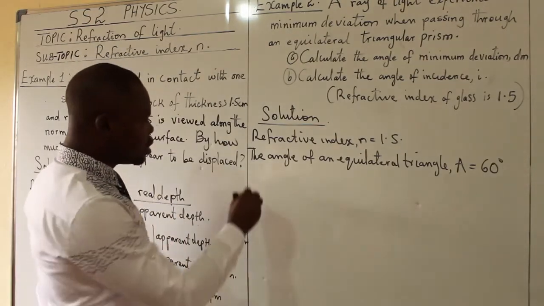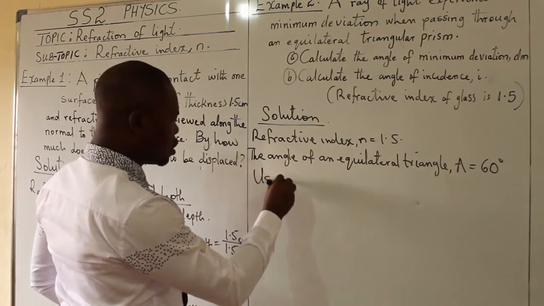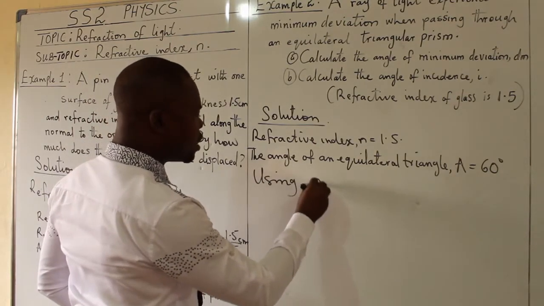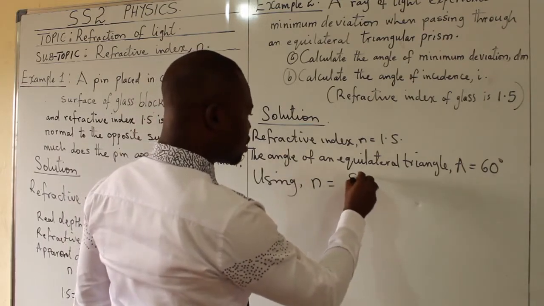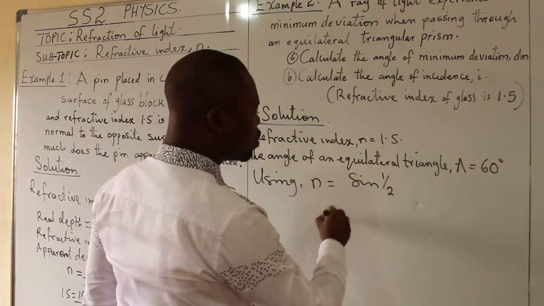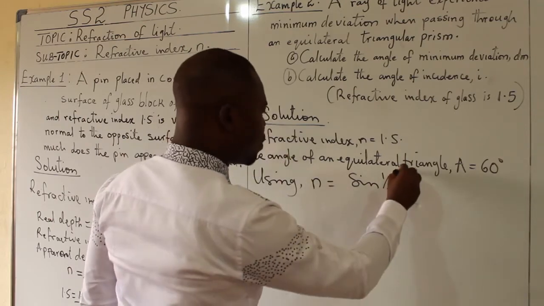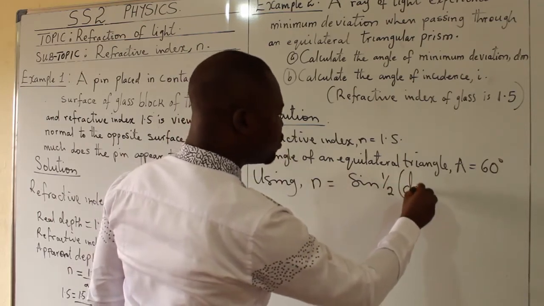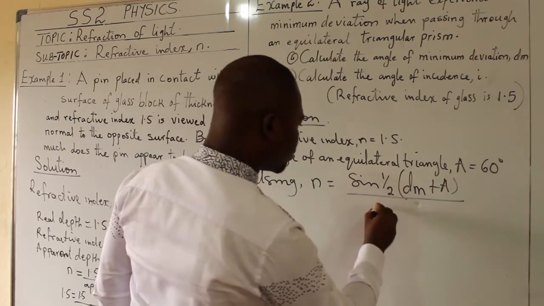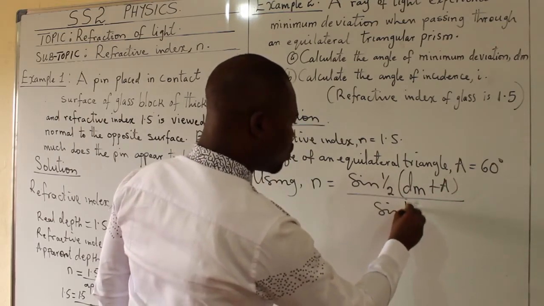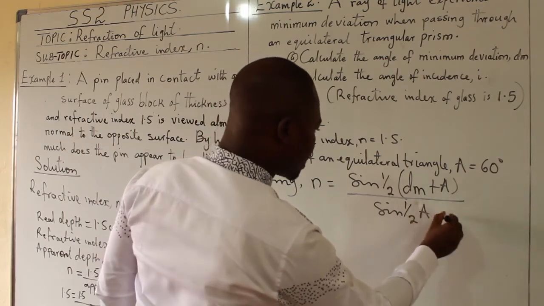So using the formula n equals sine of 1/2 bracket minimum deviation plus the angle, all over sine of 1/2 of the angle.